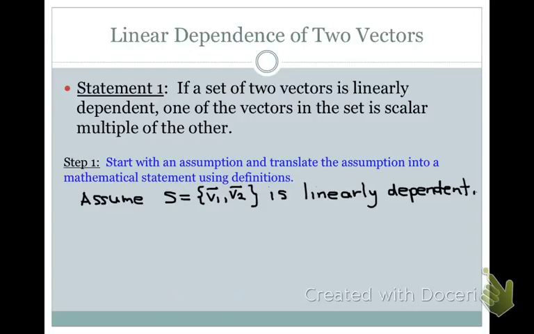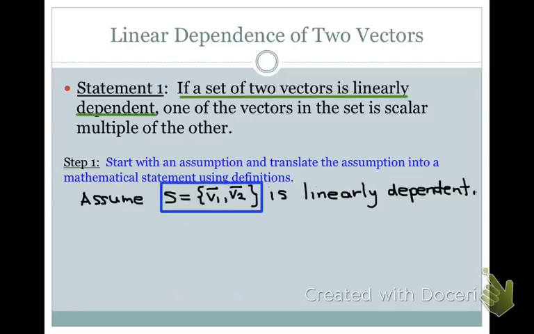Notice that this theorem starts with the statement, if a set of vectors is linearly dependent. So that is what I'm going to start with as my assumption. I'm going to assume that I have a set of two vectors given by S that is linearly dependent.